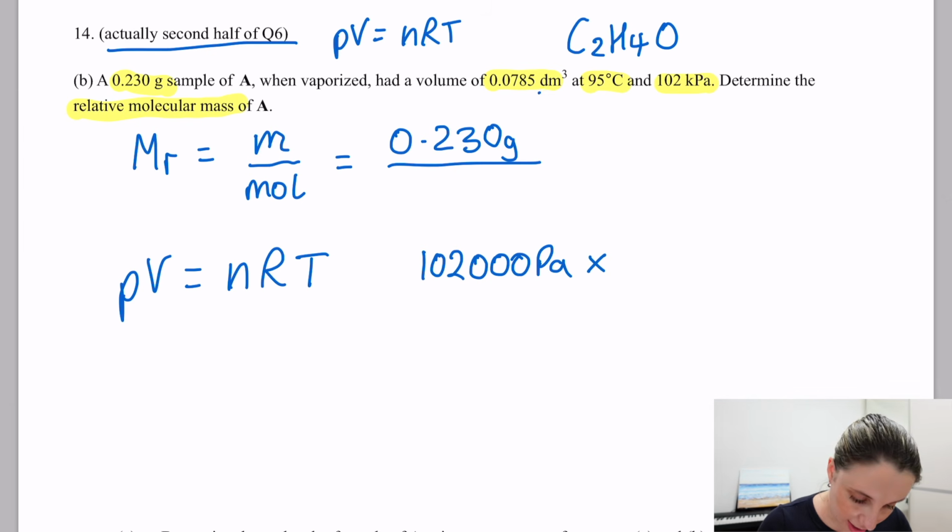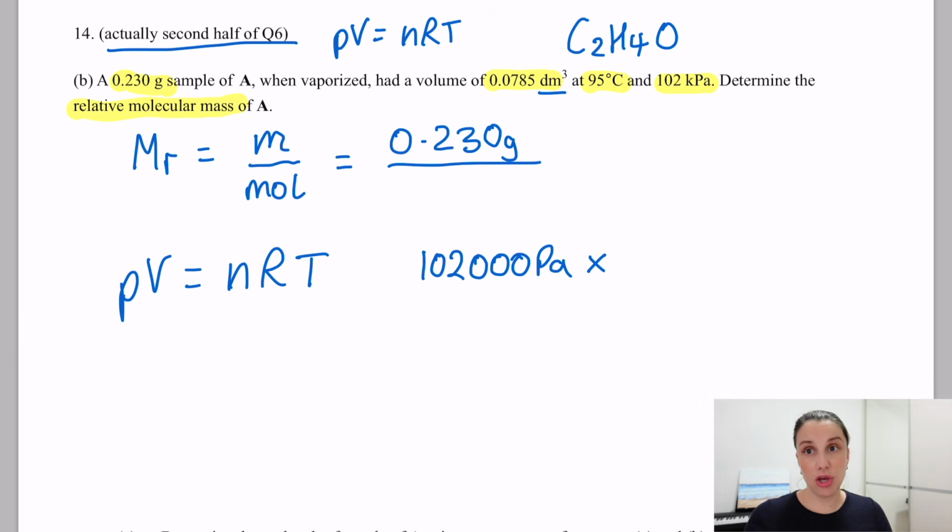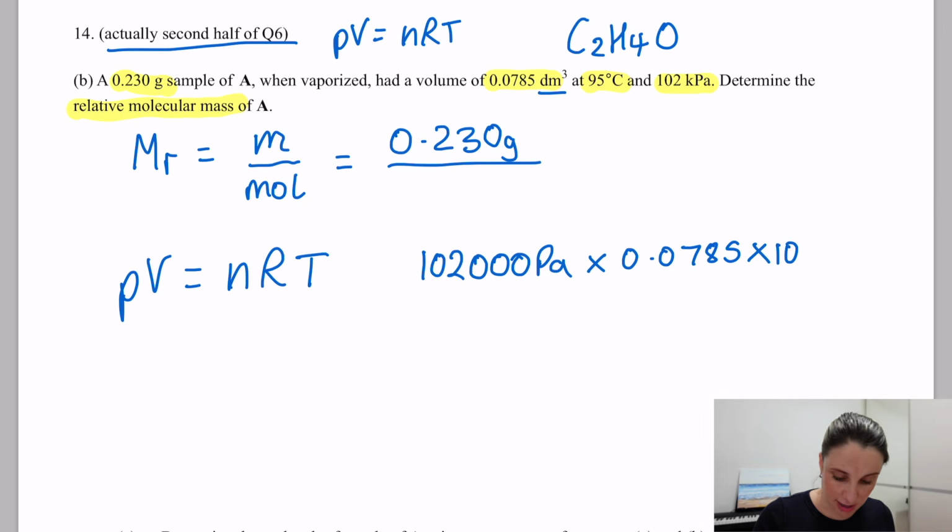The volume they gave me in decimeters cubed. So decimeters cubed is a factor of 1,000 smaller than a meter cubed. So what I'm going to need to do is take my 0.0785 and then times it by a factor of 10 to the minus 3. I know that's not in correct standard form, but you get the idea.